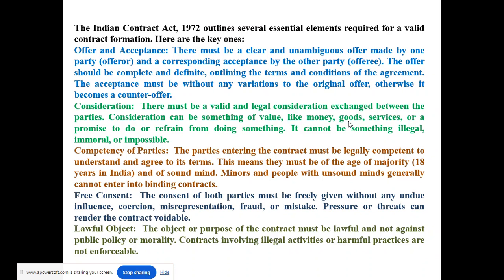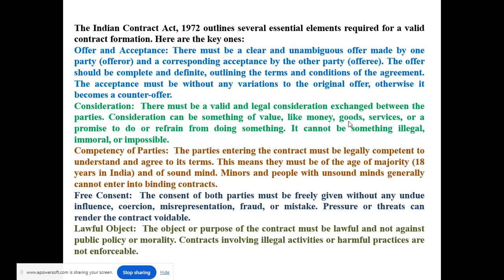Under this act, there are certain laws. As I told earlier, as per contract law, several essential elements are required. The breach I'm talking about occurs when any obligation involved in a contract is broken.